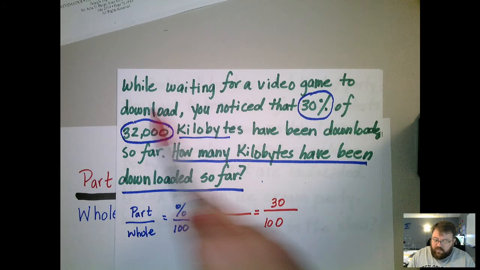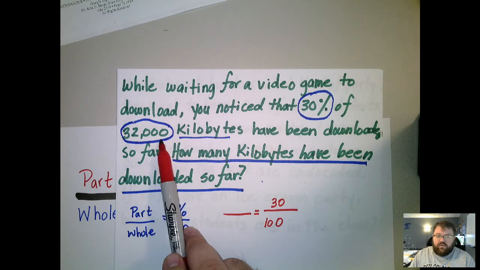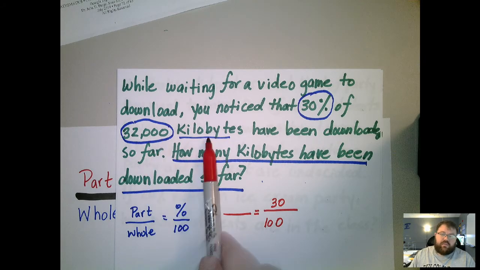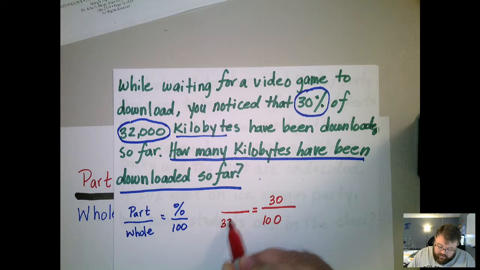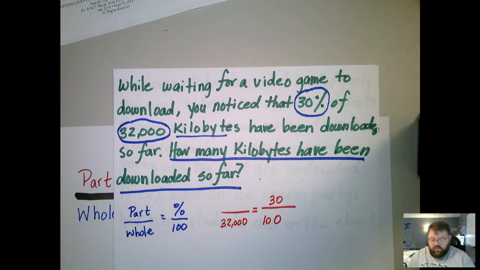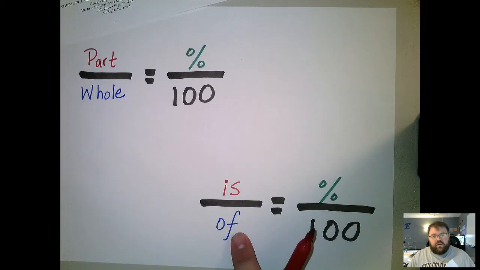Alright, so it says, while waiting on a video game to download, you notice that 30% of 32,000 kilobytes have been downloaded. So it's 30% of 32,000. So the 32,000 is the part or the whole? It is the whole. Now, with this one, you actually may have thought of 32,000 kind of goes along with this equation.